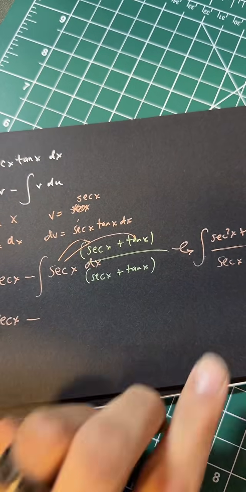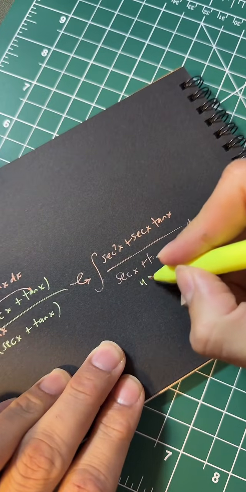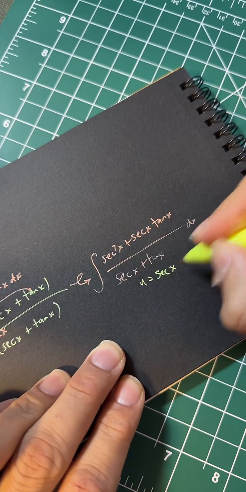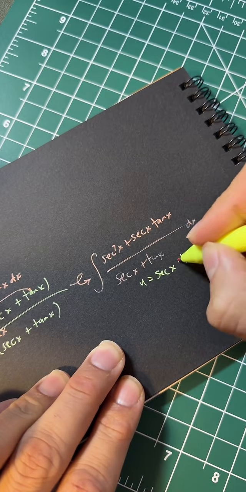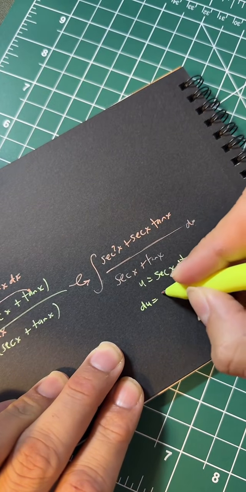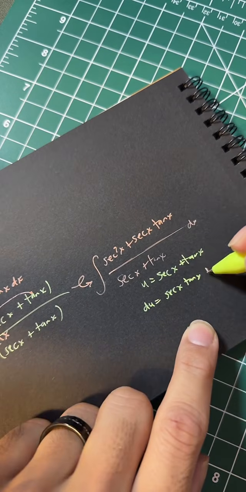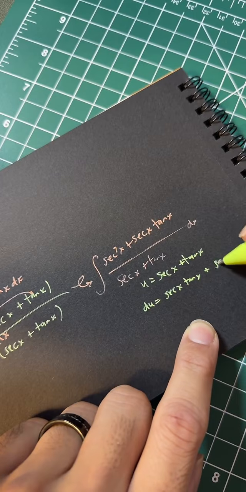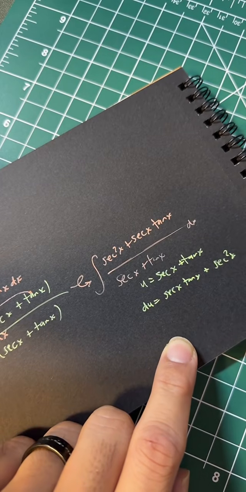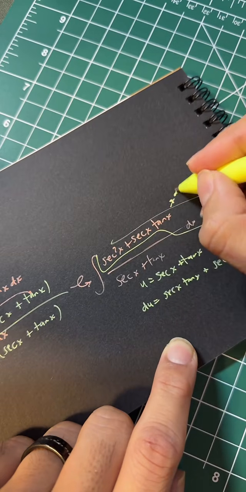But guys, look, if I make my u equal to secant x plus tan x, my du is the derivative of secant x, which is secant x tan x, plus the derivative of tangent x, which is secant squared x dx. Well, that's all up here. This is my du.